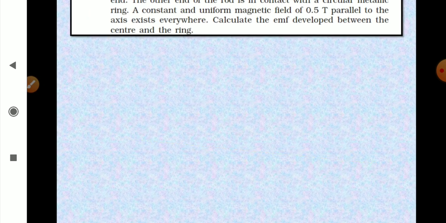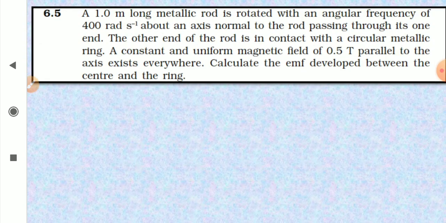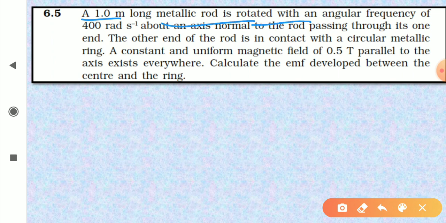So this again is your NCERT problem only, unsolved problem. A 1.0 meter long metallic rod is rotated with an angular frequency of 400 radian per second about an axis normal to the rod passing through its one end.